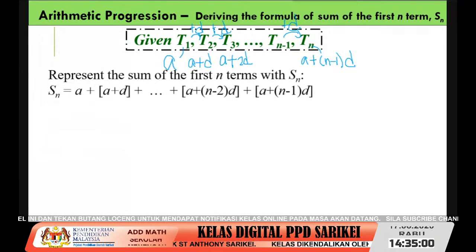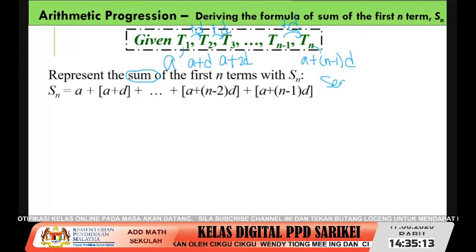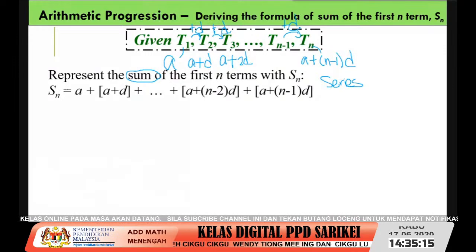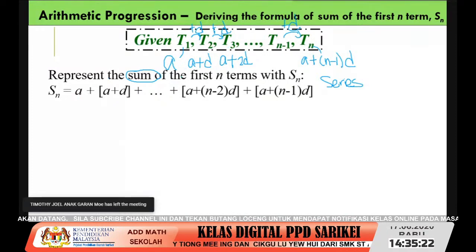So now I will represent the sum of the first n term with Sn. Sum means jumlah, okay? Jumlah, total. Okay, jumlahkan semua. So this one actually is a series. Jumlahkan semua sebutan yang ada. So the first term is A, the second term is A plus D, the third term and so on.